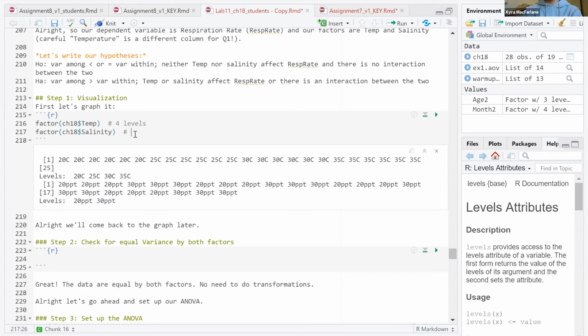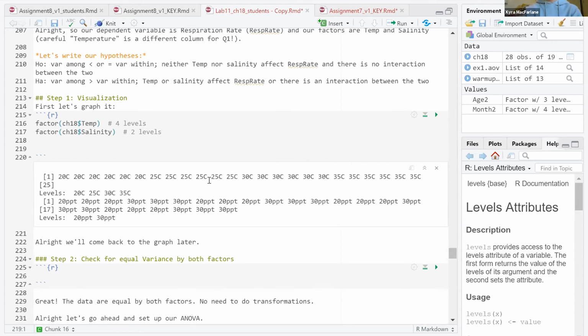So 2 levels. So, sorry, Minnie. Because we don't want a ton of colors on our figure, that means that we probably want to put the temperature on the x-axis and organize color to the salinities.